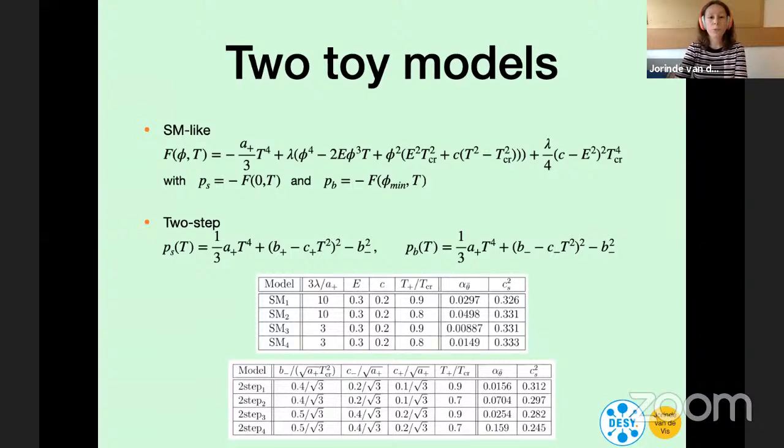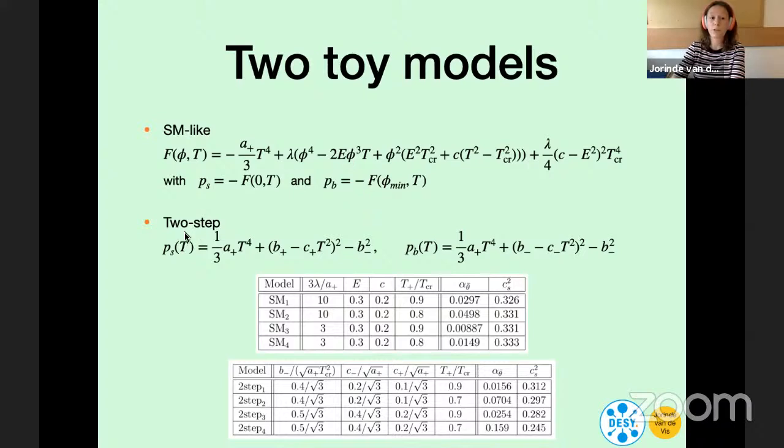And we did this for two toy models. One is standard model-like. So you could get a first order phase transition in the standard model if the Higgs would be much lighter, and then you would get a free energy, which is related to the pressure, that looks like this. So there's a phi to the third term.